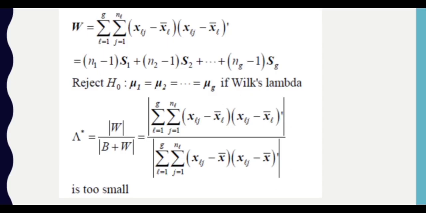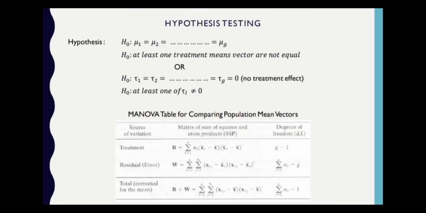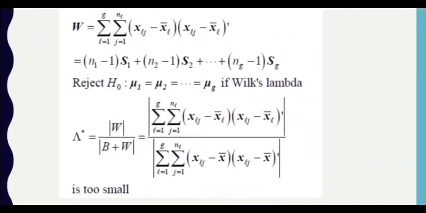Okay, so this notation dinamakan Wilks' lambda, which is the determinant of matrix W. So W nanti you akan dapat dalam bentuk matrix. So you cari the determinant and then divide dengan determinant of B plus W. You cari determinant of matrix B plus W.